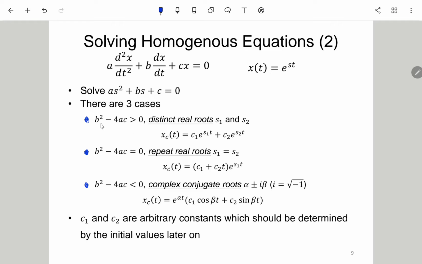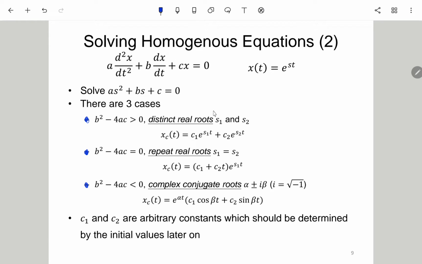For the first one, b squared minus 4ac larger than 0, I suppose it is the easiest one, even when you learn it in junior school. When delta is larger than 0, this equation has distinct real roots, s1 and s2.